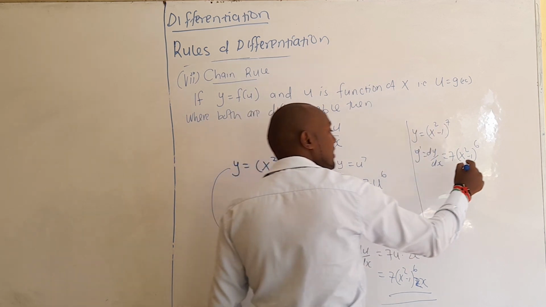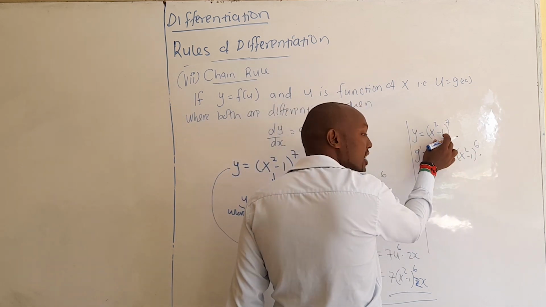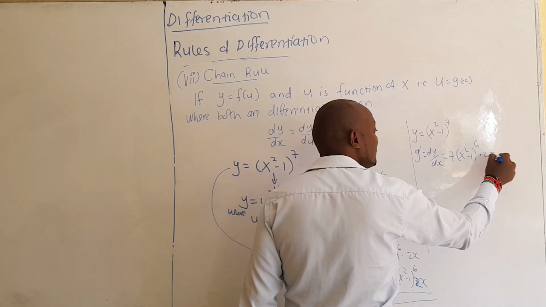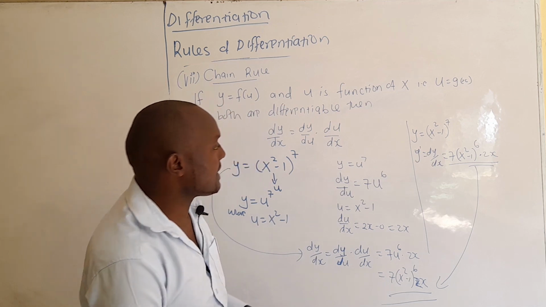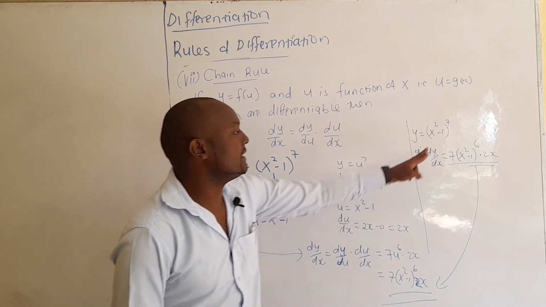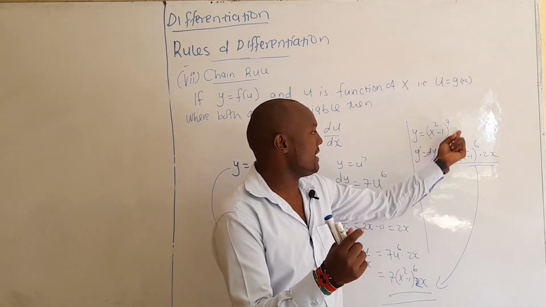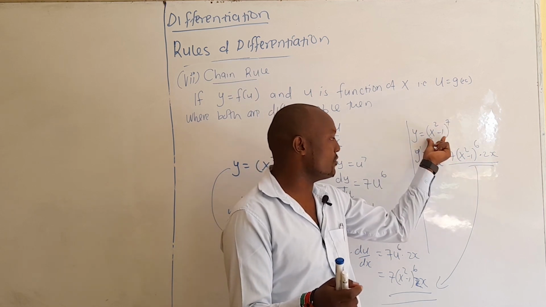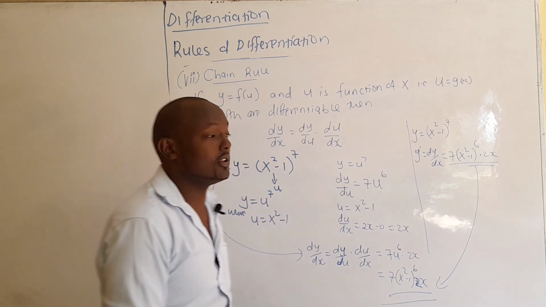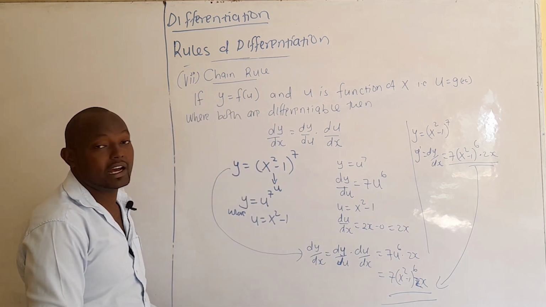Then I differentiate inside and get 2x. It's just the same as that one. So there are some people who will use it directly. First of all, hold this one as one number, so 7 to power 6, then you differentiate inside, x squared minus 1.